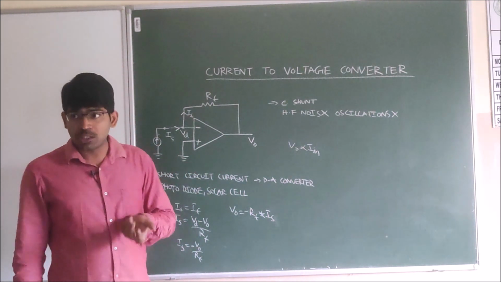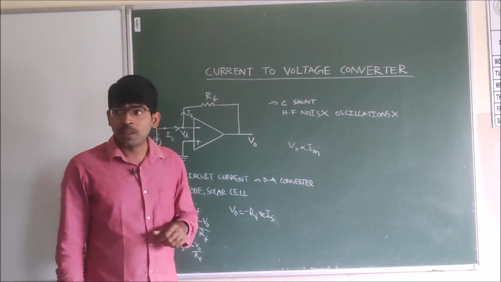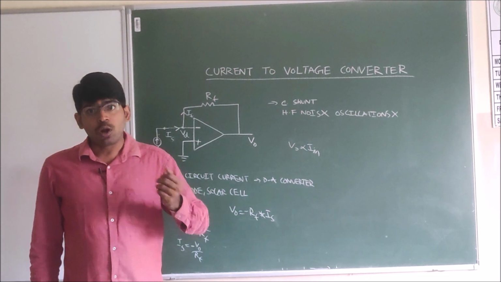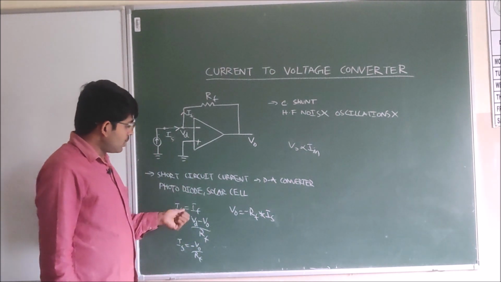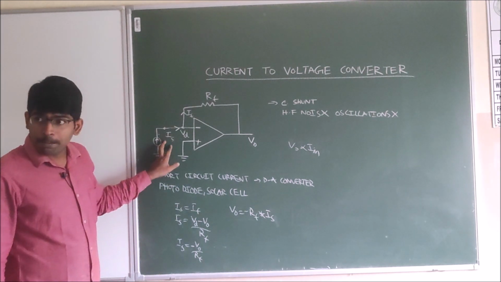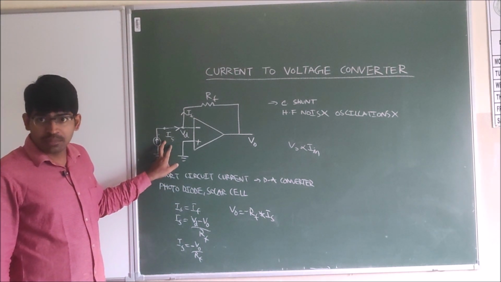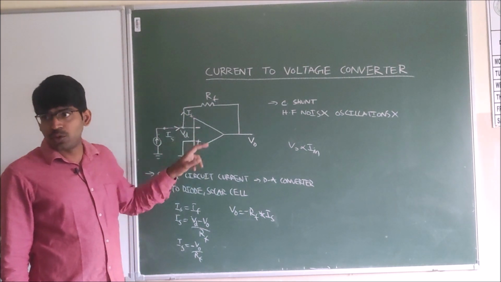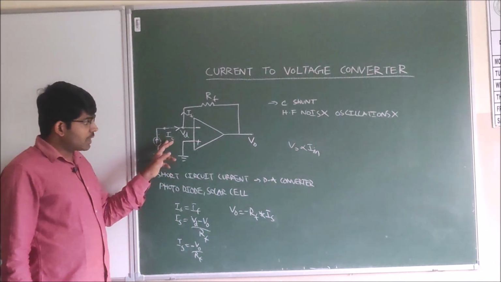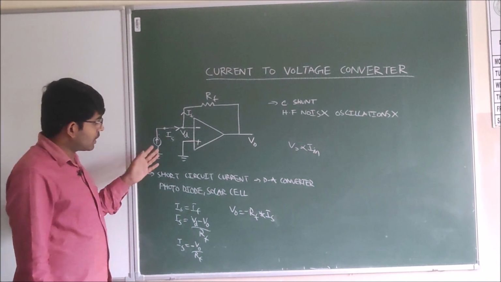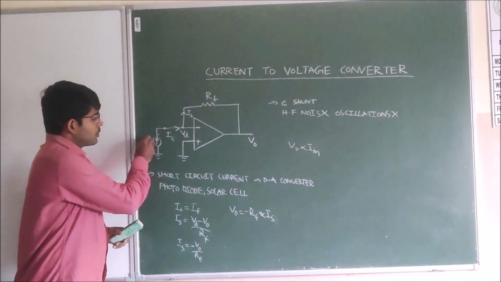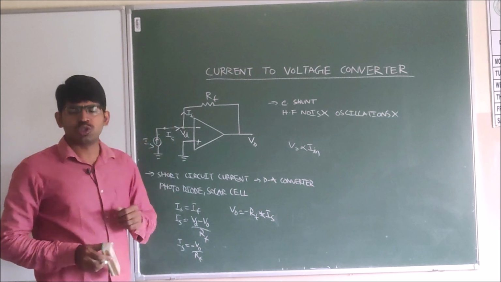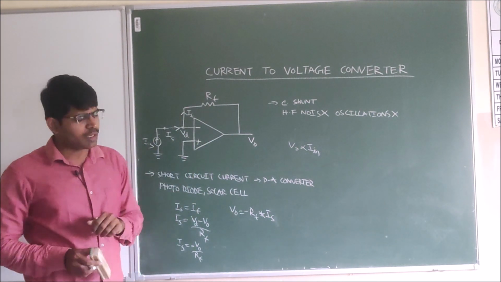That current would not be measurable either in the short circuit condition or in the photovoltaic cell or photodiode. Here, by using Kirchhoff's current law, the current entering at node D is equal to the current leaving at node D. The current entering at node D is the short circuit current. We have taken a current source, because we are representing the short circuit current like a current source since this is a current to voltage converter.